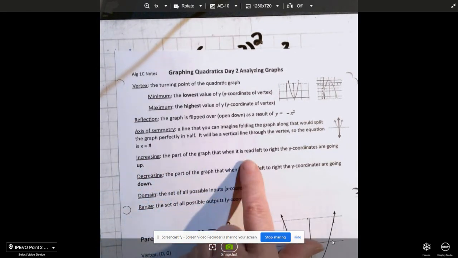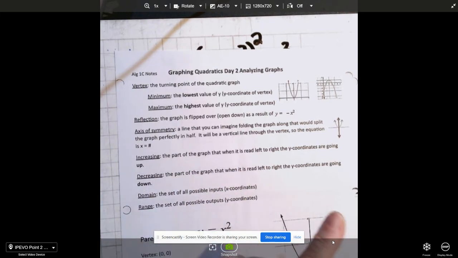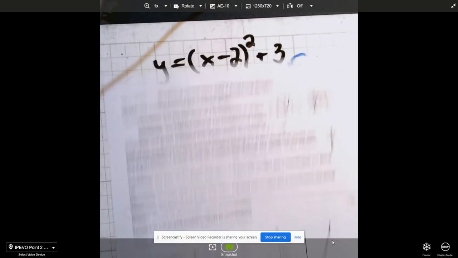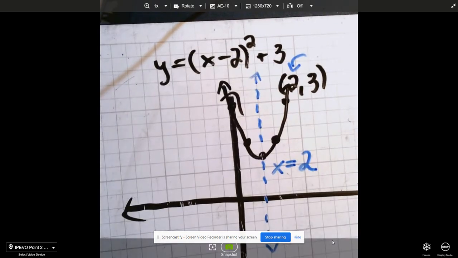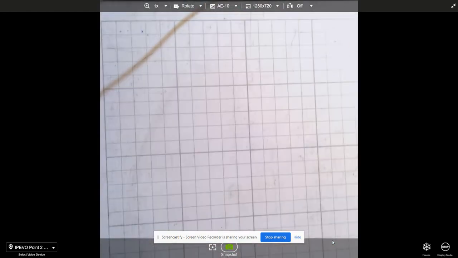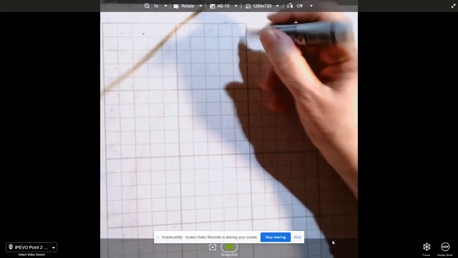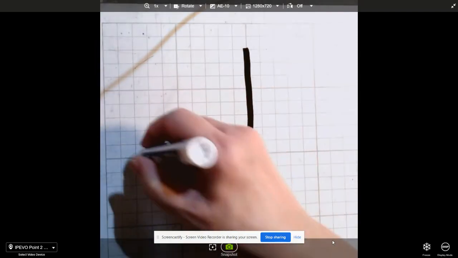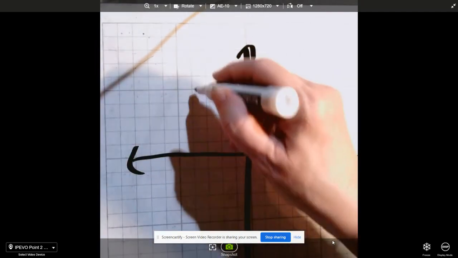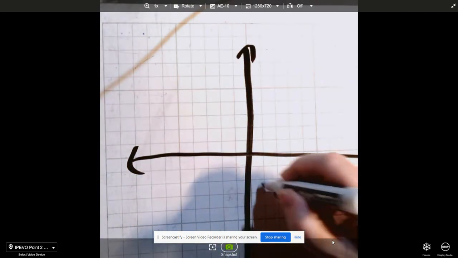Increasing is the part of the graph where, when you read it from left to right, the y is going up, and decreasing is where the y is going down. If I have a parabola or a graph, I always think of it as riding a roller coaster. So if I have some graph that looks like this, and let's just make up some points.